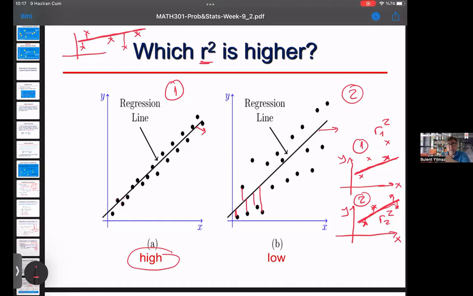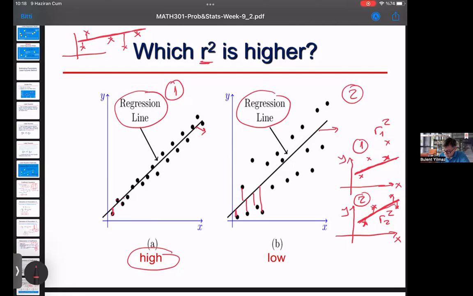But in the exam or in your project, you should also be able to tell me the sum squared error. What is the error for this regression line and this regression line? How do you find that? This is my data, this is my prediction. Take the difference, take the square.